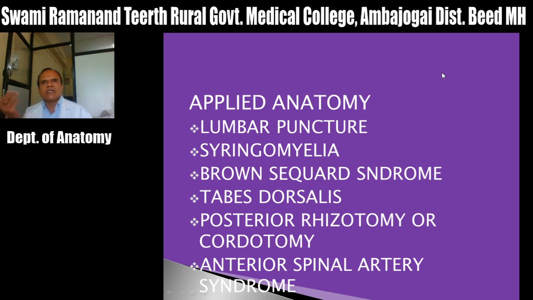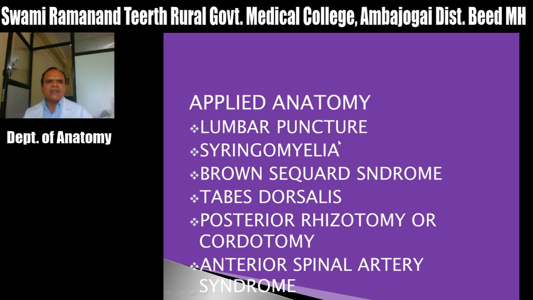That is again another portion. We will see in detail the constituents of the CSF, whether the proteins and sugar are raised or decreased and so on. So for laboratory investigations, the CSF is taken out by doing the lumbar puncture.